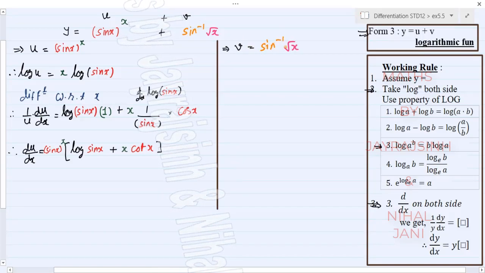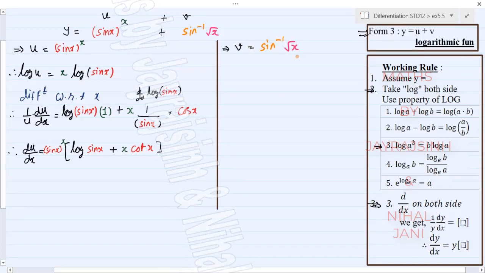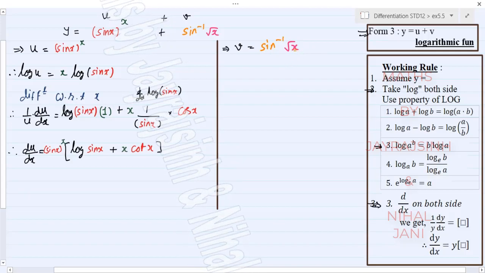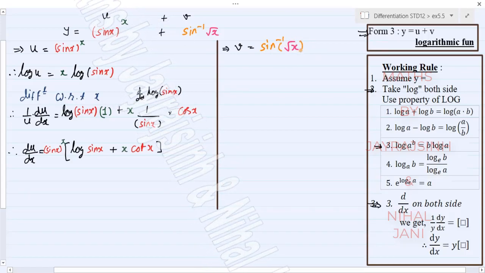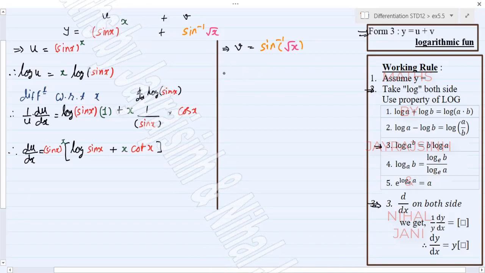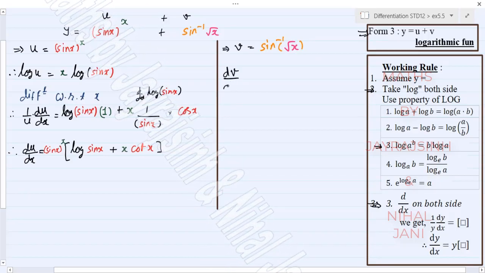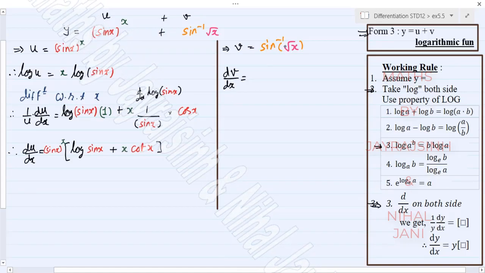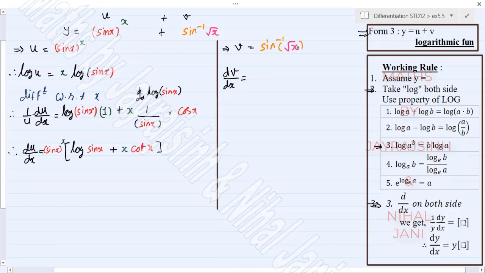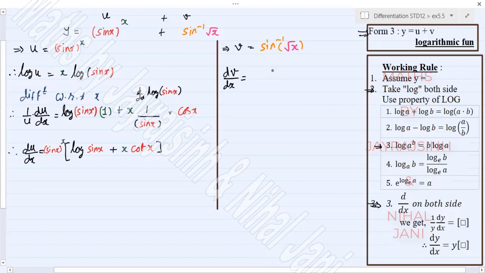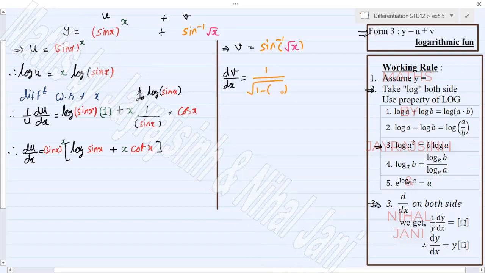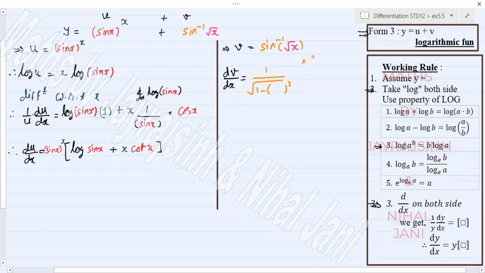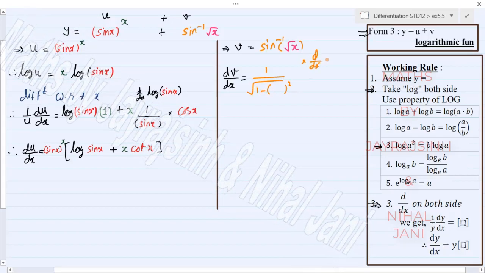Your v is simply combination of sine inverse and root x. So we have to apply chain rule. Your root x is your inner function. So let's consider a box around it and differentiate with respect to x. We will get dv by dx is equal to differentiation of sine inverse box, which is 1 upon under root of 1 minus box square into d by dx of box.